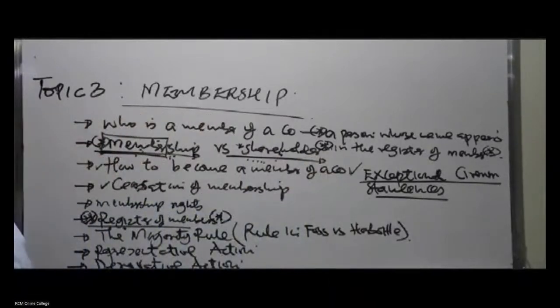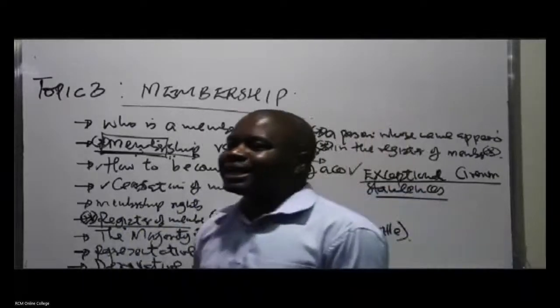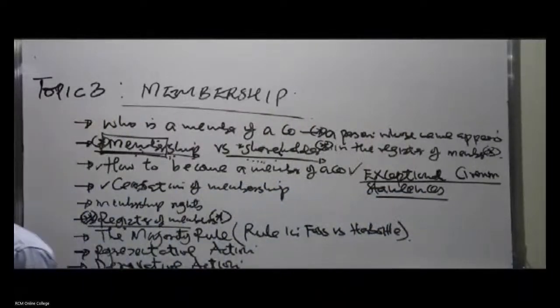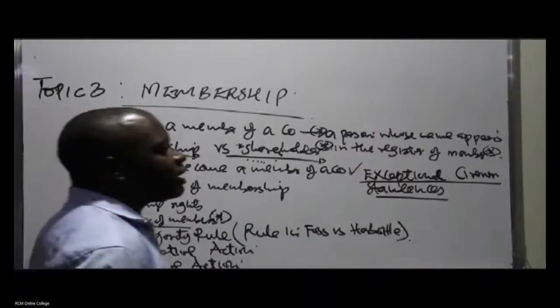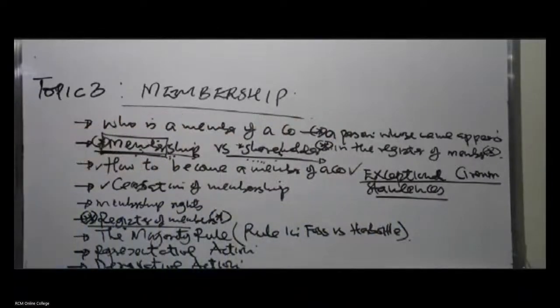What are these few exceptional circumstances? Number one is in a company that is limited by guarantee. Remember, we learned about that. We can have a company limited by shares, and we can have a company limited by guarantee. In a company limited by guarantee, there are no shares, and therefore there are no shareholders.